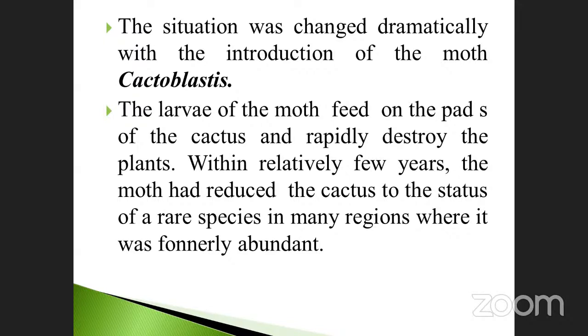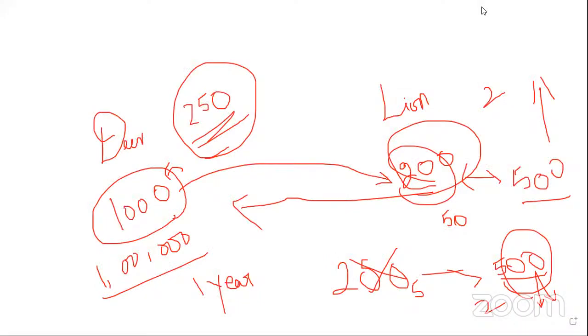For example, I will show you one example. Take a small land, an Australian land. There is grass there, just imagine.